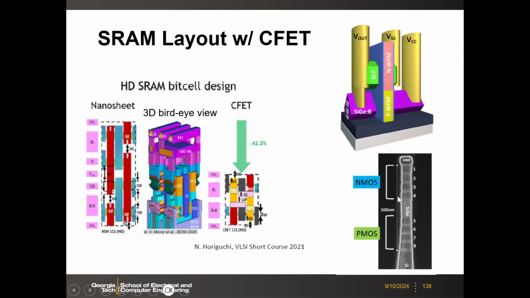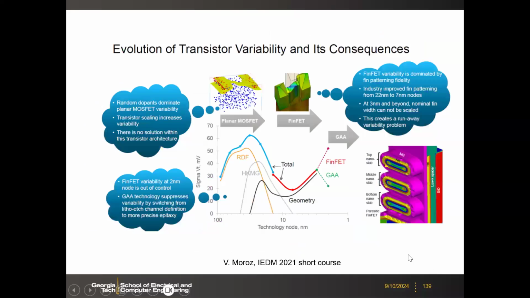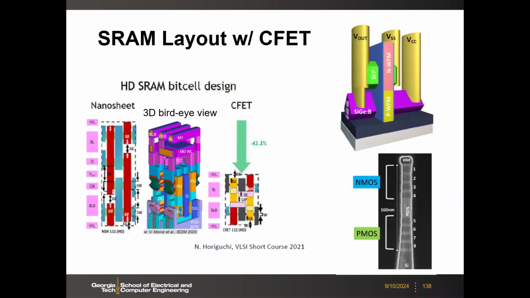So here are some demonstrations to show NMOS on top of PMOS, like four-layer stacked nanosheet, NMOS on top of PMOS. And if you look at last year's IEDM conference, both Intel and TSMC had a paper on this NMOS stacked on top of PMOS. At least they have some demonstrations in this technology.